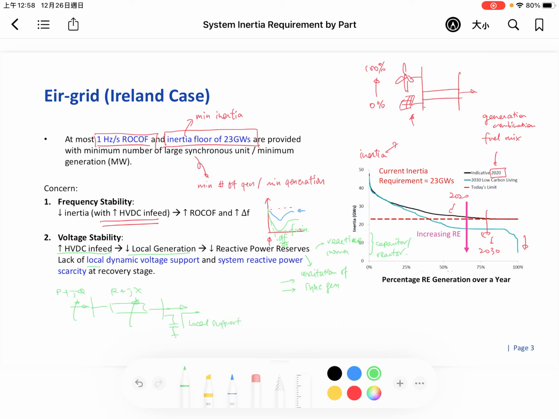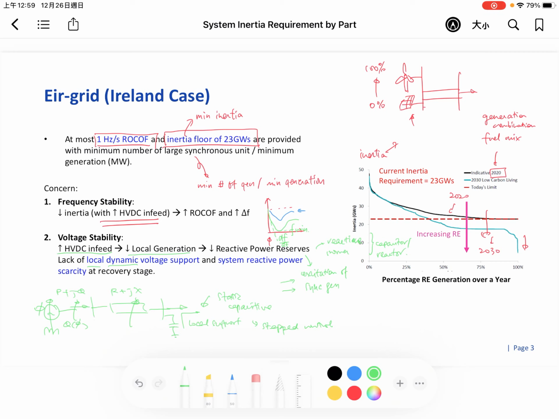Second, it is about dynamic support, because a static capacitor installed is something we can't control. Even if we have control, it is still step control. But if it is a generator connected to the grid, we can tune it by providing flux to it, and the flux is controlling the reactive power.